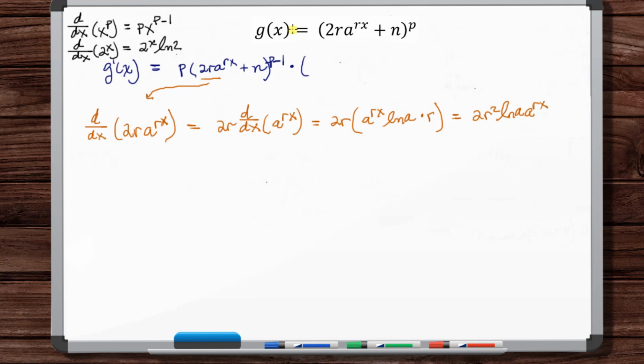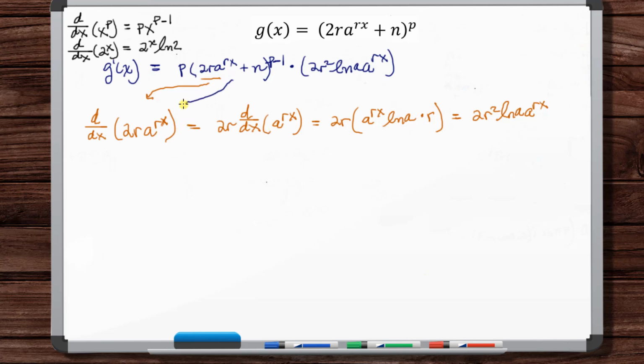Okay, so coming back here, we're multiplying times the derivative of this. So the derivative of this with respect to x is 2r squared natural log of a to the rx. Now plus the derivative of n with respect to x, that's 0. There is no x in here. Okay, so that's your derivative.